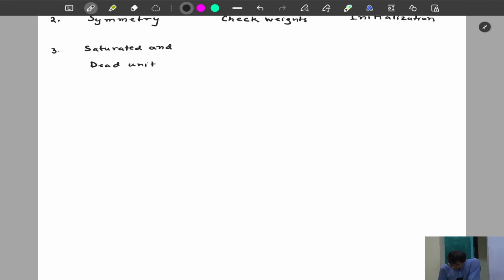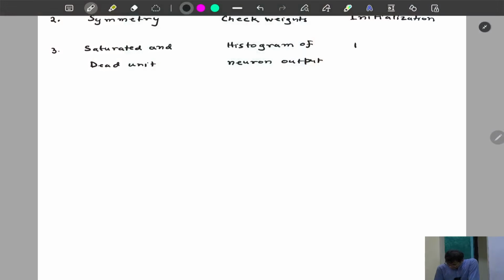So the diagnosis is to plot a histogram of neuron outputs. What is the solution? Initialization is the solution for this as well. Also, you avoid the two zones, right? So initialization is the solution, but along with that, initialization normally does that, so I'm not writing it.